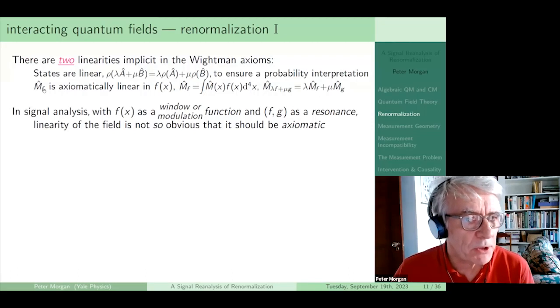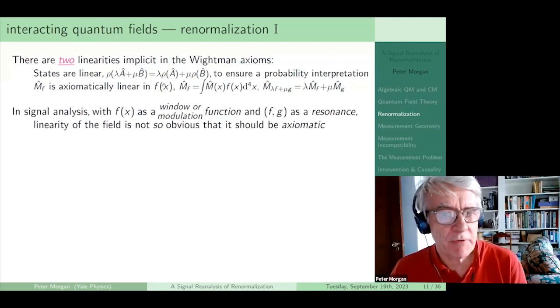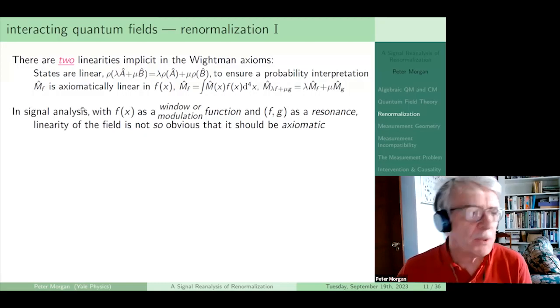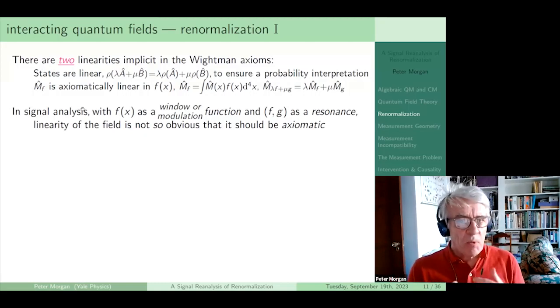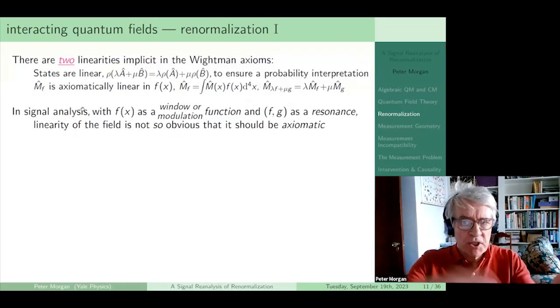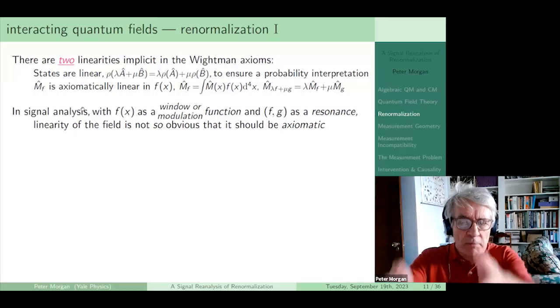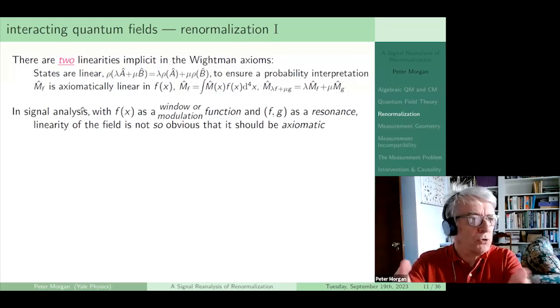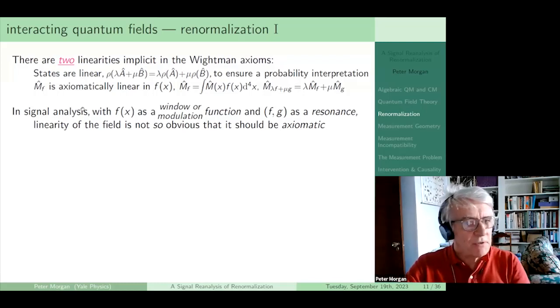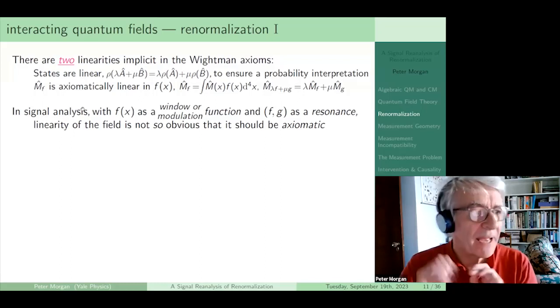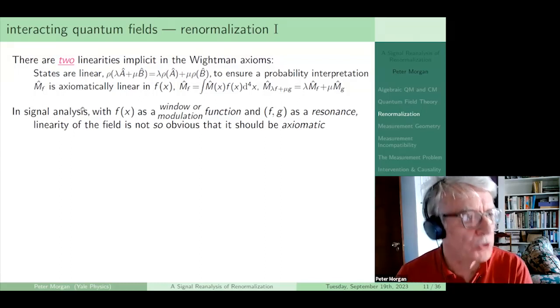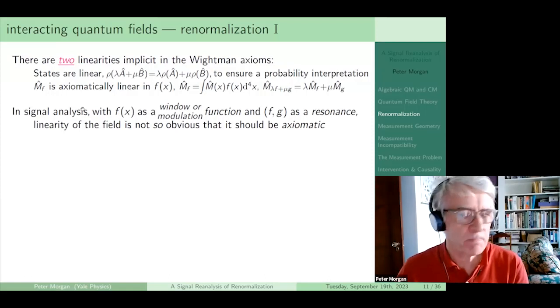On the other hand, F measurements are axiomatically linear in f of x precisely because we say it's an operator valued distribution. But if we're doing signal analysis with f of x as a window function and g of x as a modulation function, with the inner product between them as a resonance between those two measurements, then linearity of the field is not so obvious that it should be axiomatically forced upon any mathematics we do.